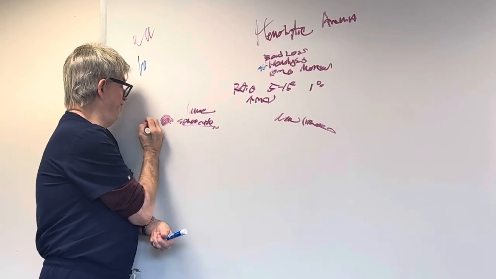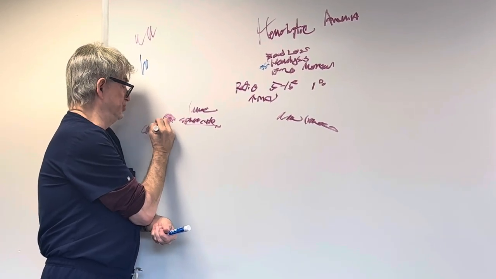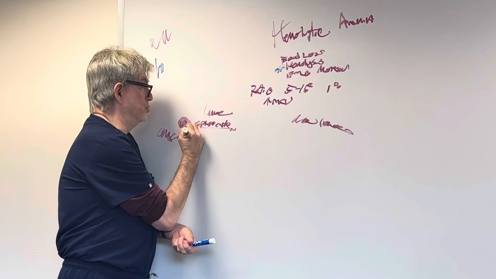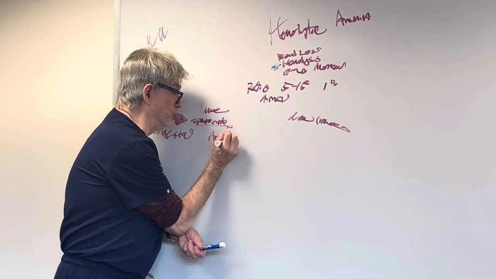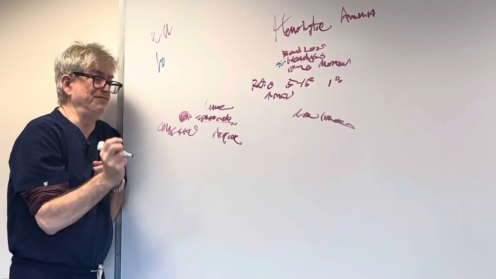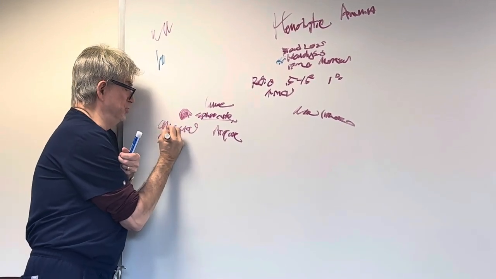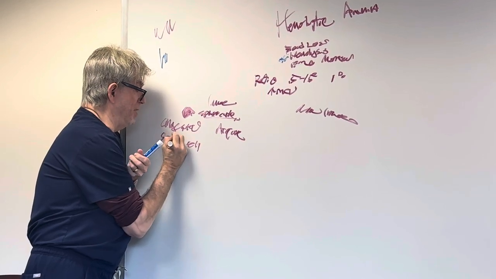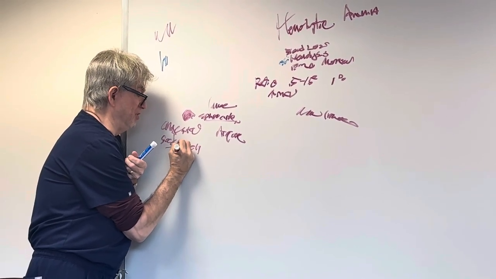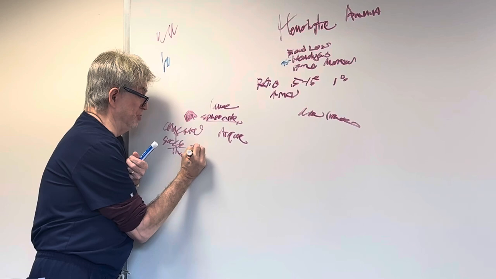Now, you can divide it into two categories, congenital and acquired. Congenital, they often have a history of this. The most well-known is sickle cell, and thalassemia, where the hemolysis is intracellular.